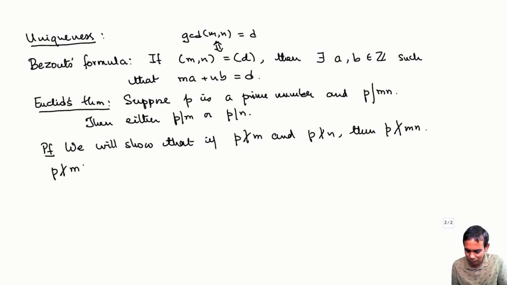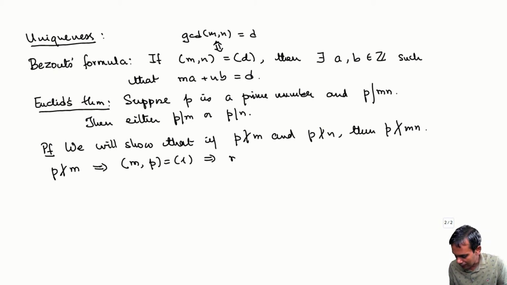Now since p is a prime number, this means that the GCD of m and p is equal to 1, which means that ma plus pb is equal to 1 for some integers a and b.